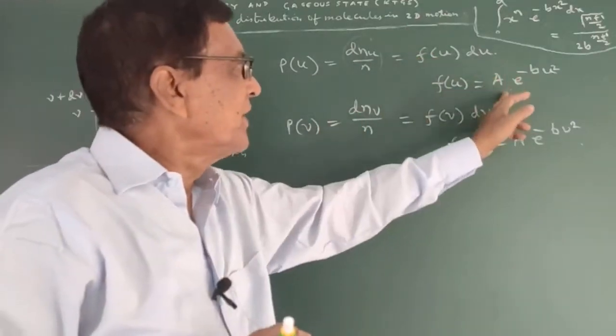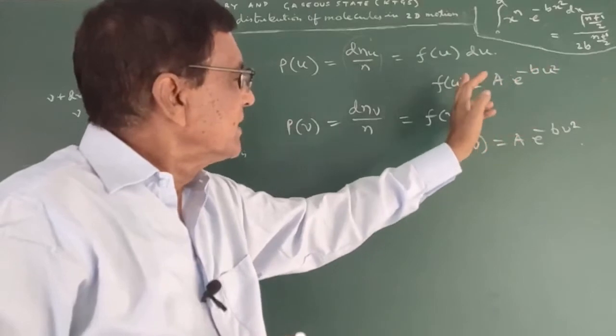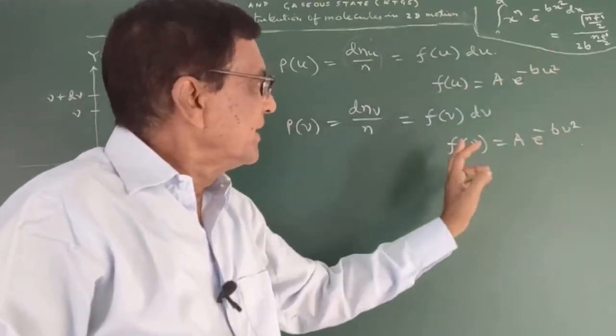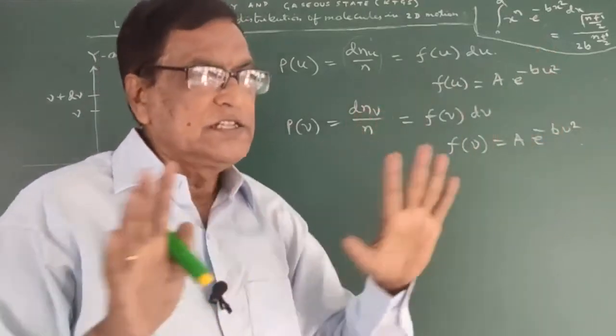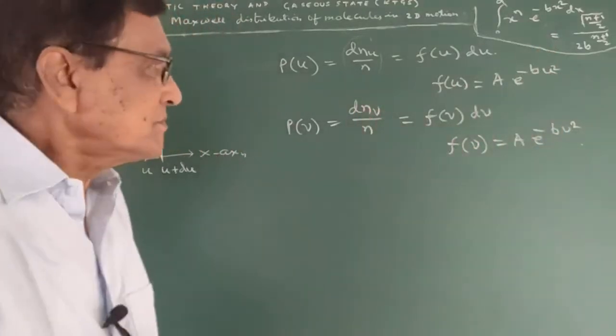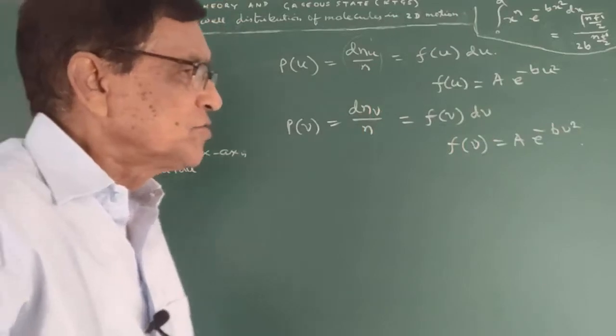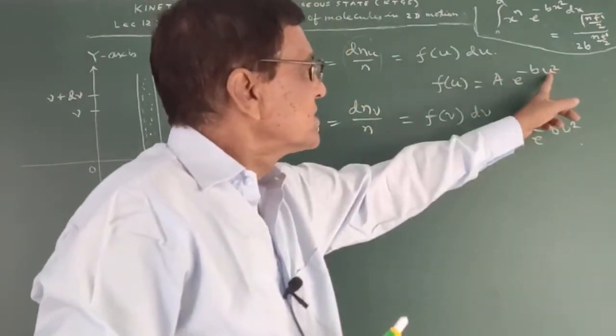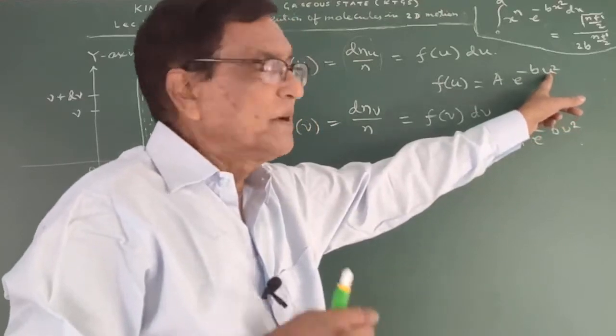Here the function contains u, and here the function contains v. This is the difference.